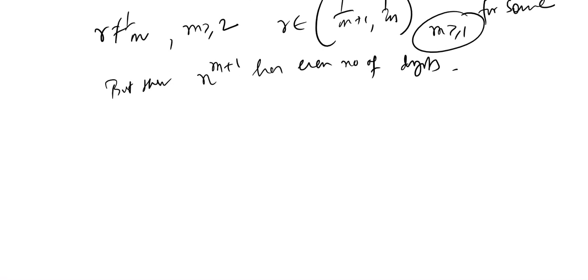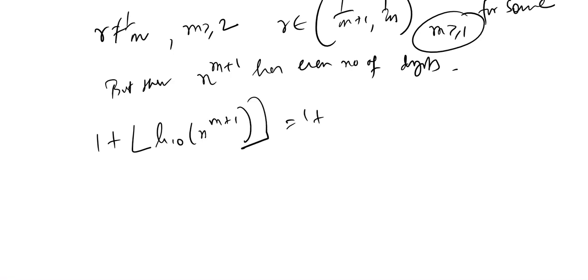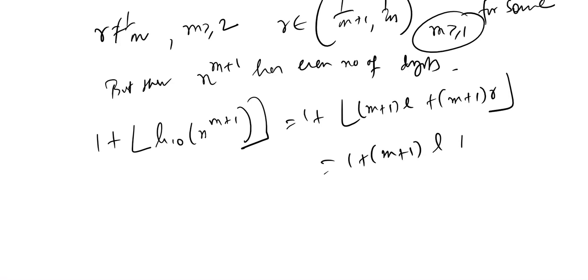So 1 plus log n to the power m plus 1, this is 1 plus m plus 1 into l, m plus 1 into r, l plus 1, so m plus 1 into l plus 2 हो गया.